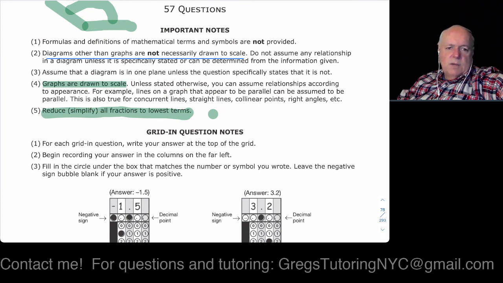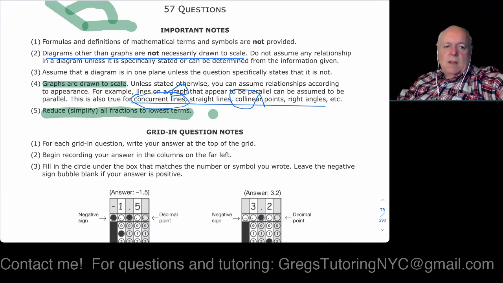Unless stated otherwise, you can assume relationships according to appearance. For example, lines on the graph that appear to be parallel can be assumed to be parallel. But again, this is on a graph. This is also true for concurrent lines, straight lines, collinear points, and right angles. If you don't know what any of those are, go look them up. Stuff like collinear points or concurrent lines. Be careful that you know what that terminology means.